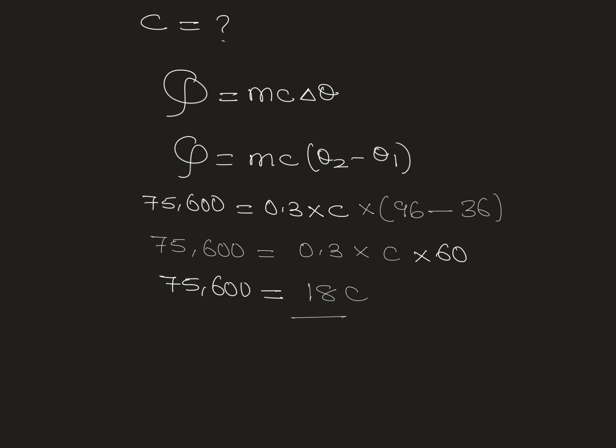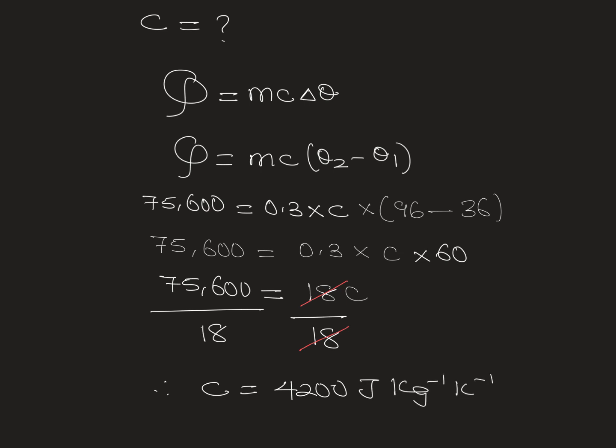To find C, we divide both sides by 18. So this will cancel this. Therefore, the specific heat capacity of water is equal to 75,600 divided by 18. That will be 4,200 joules per kilogram per Kelvin, or if you like, you can say joules per kilogram per degree Celsius.